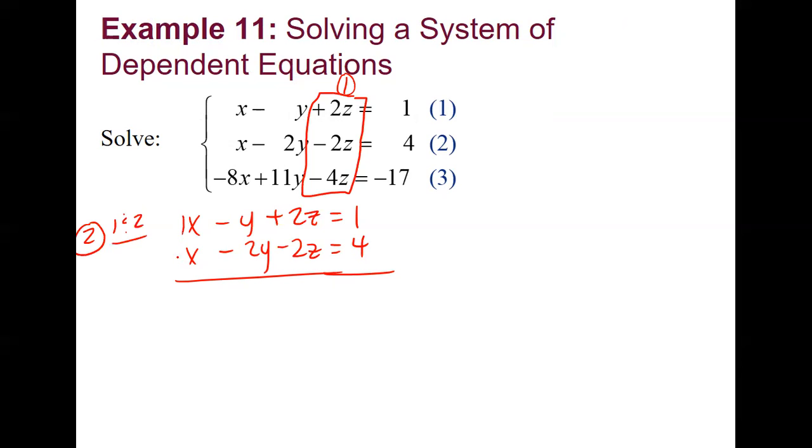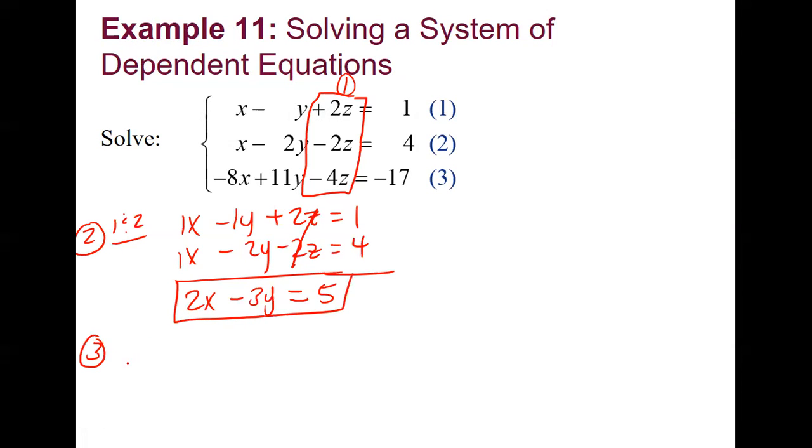We get 1x and 1x mixed. We have -1 and -2y. Our z's cancel out. And 1 and 4 make 5. Okay, so that's our first 2 variable equation.